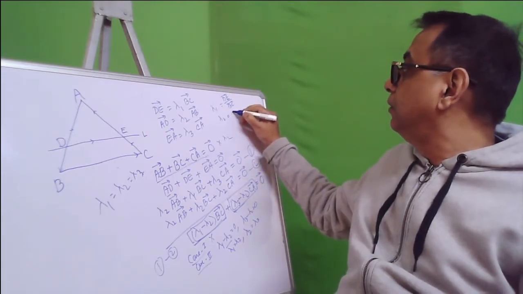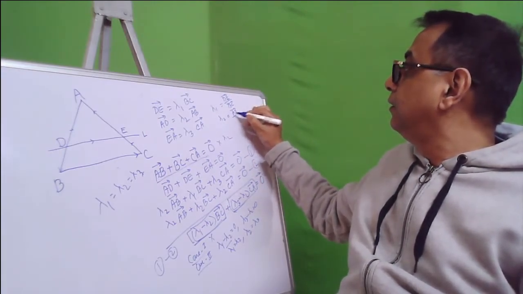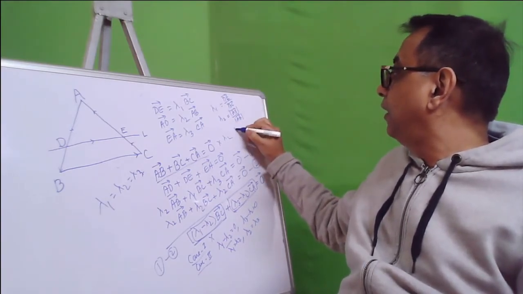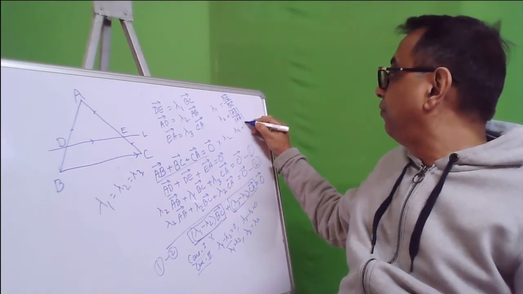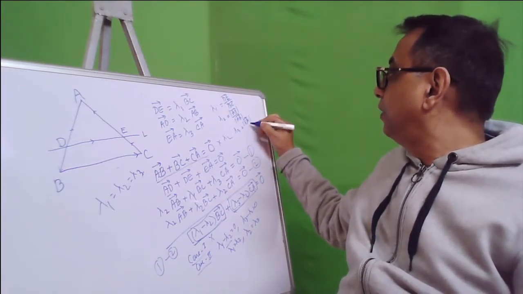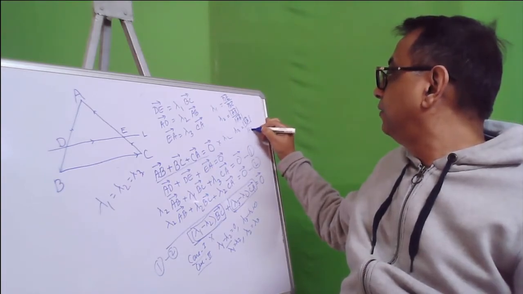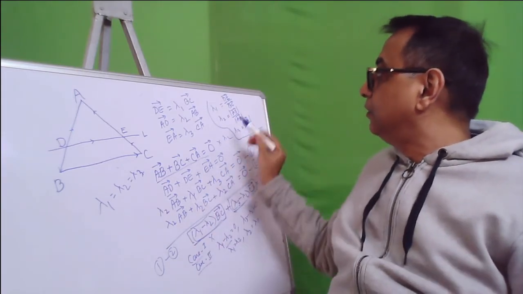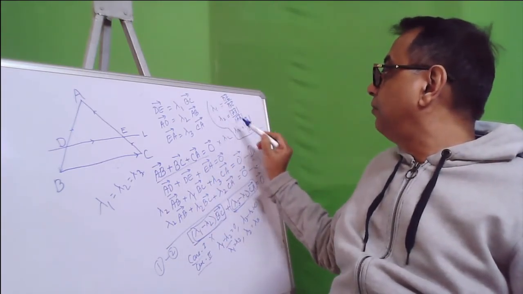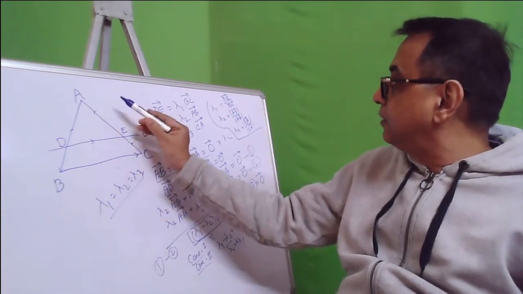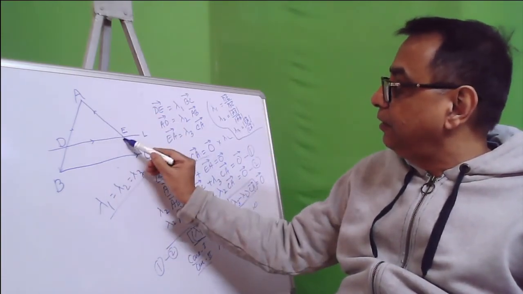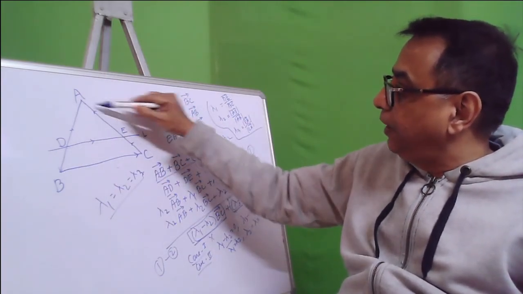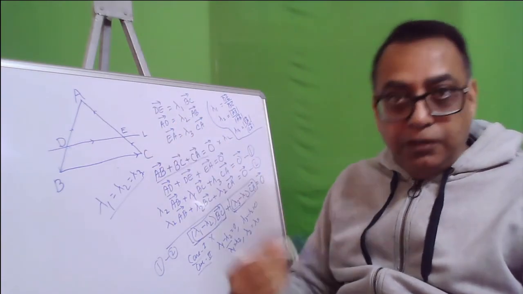Lambda 2 is mod of AD by mod of AB. And lambda 3 is mod of EA by mod of CA. So lambda 1 is equal to lambda 2 is equal to lambda 3. It means DE by BC is equal to AD by AB is equal to AE by AC. So the theorem is proved.